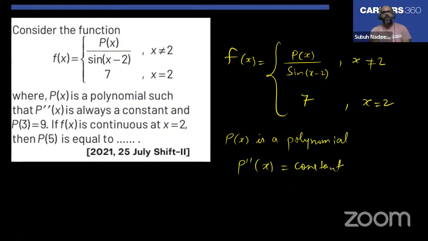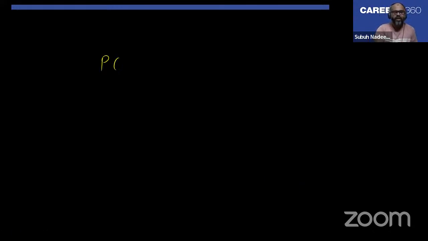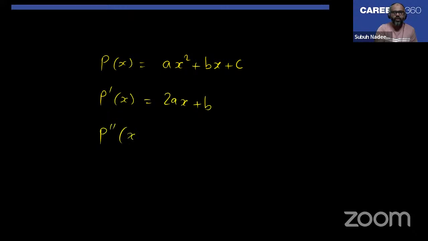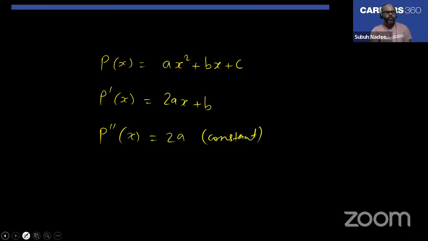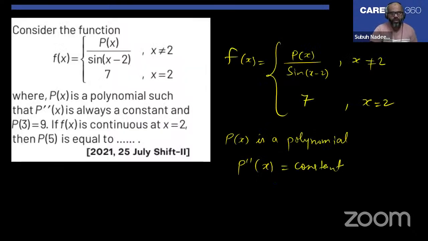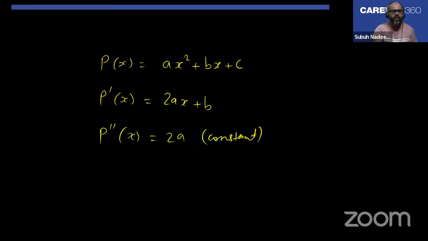So which type of polynomial would it be? It will be quadratic. If we take p(x) as ax square plus bx plus c, and we differentiate it once, we'll get 2ax plus b, and we differentiate it again, we'll get 2a, which is independent of x. It is a constant. So p double dash x being constant means that p(x) is a quadratic polynomial.